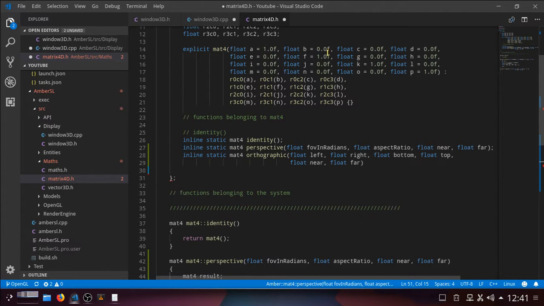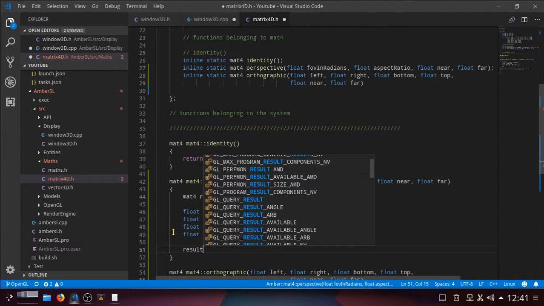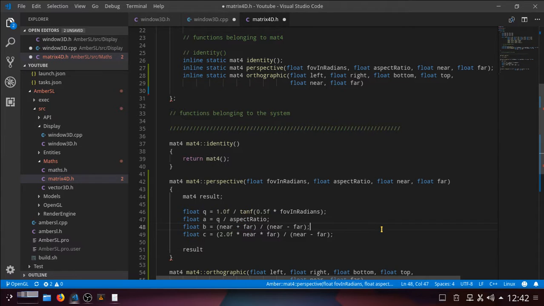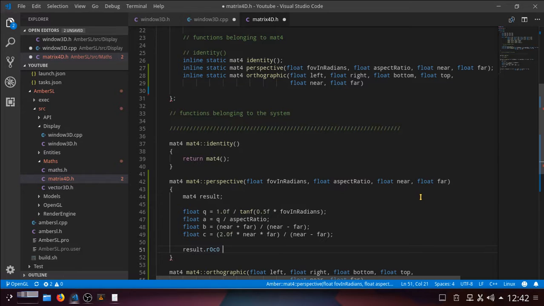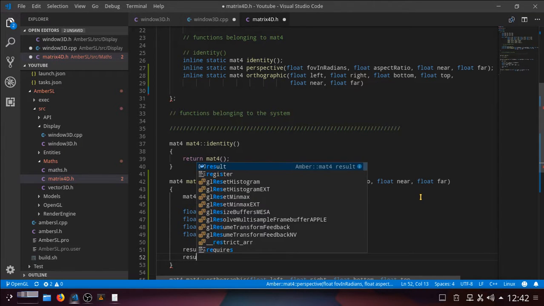Okay, so bear that in mind when I'm doing this, because I'm going to change a few lines. Result dot. We'll start with R0 C0, and that is going to equal A. There we go. Result.